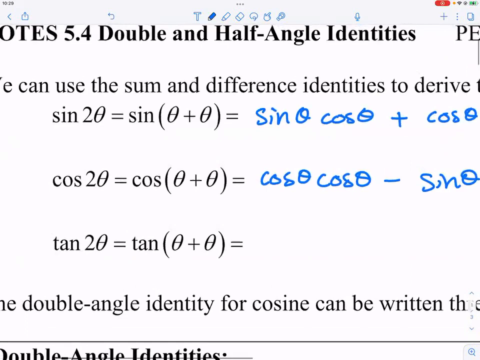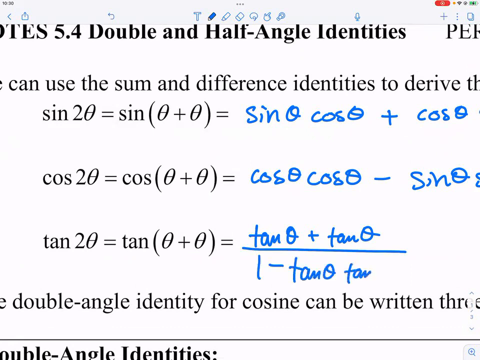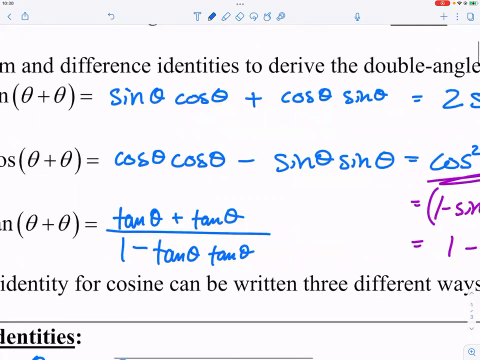Tangent 2 theta is, well, tangent theta plus tangent theta over 1 minus tangent theta times tangent theta. That is equal to 2 tangent theta over 1 minus tangent square theta.